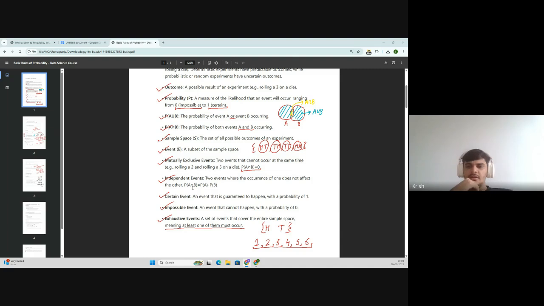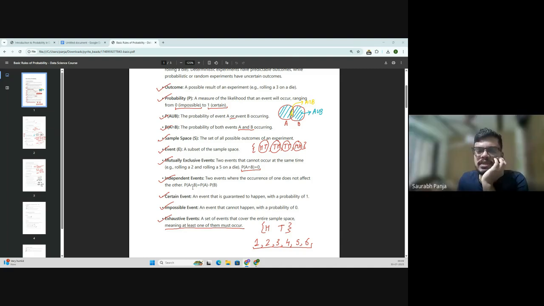So in terms of cricket, or let's take any example. In cricket it can be a bit difficult to come up with an example. Any independent example in probability.